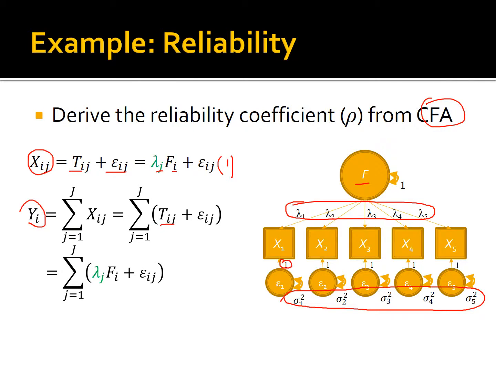And we know that the true score equals lambda j times factor i plus the error term of each item. Then because f does not vary across items, we can isolate f out. Then f sub i times the sum of the factor loadings plus the sum of all error terms. Okay?